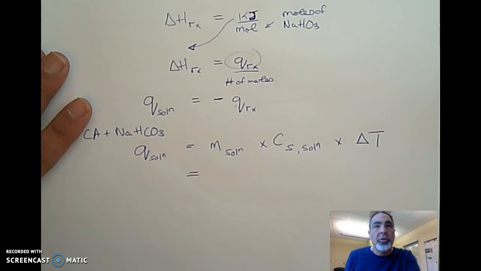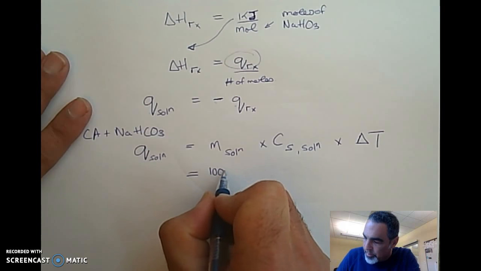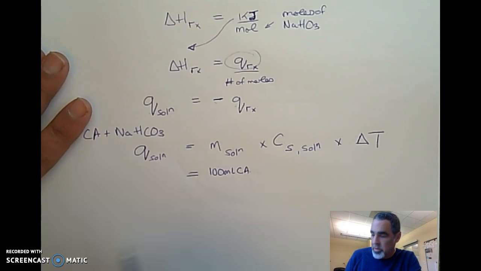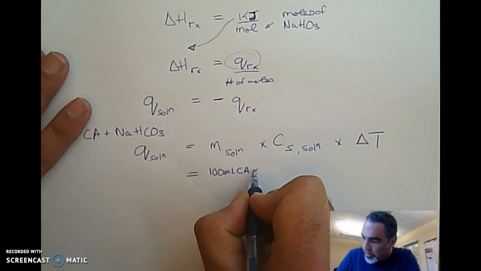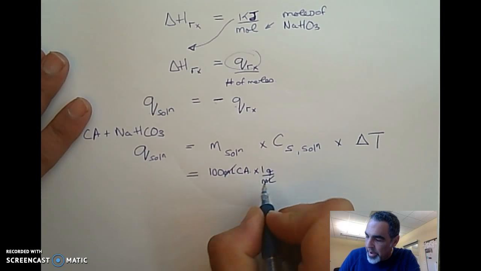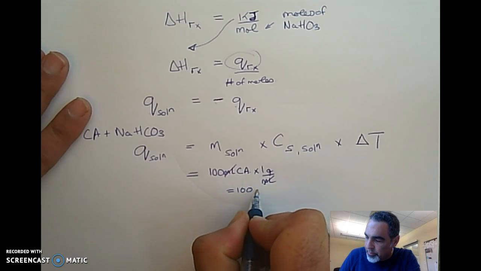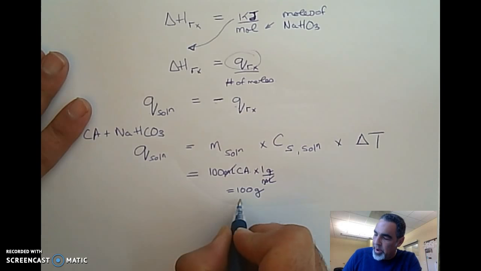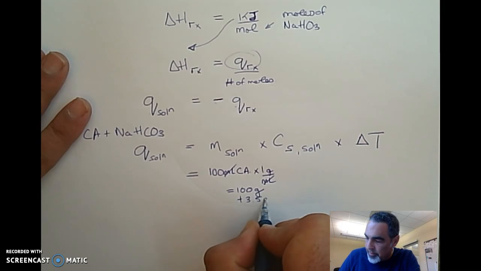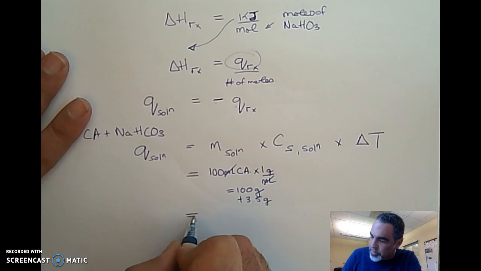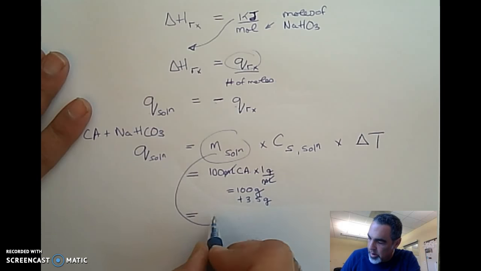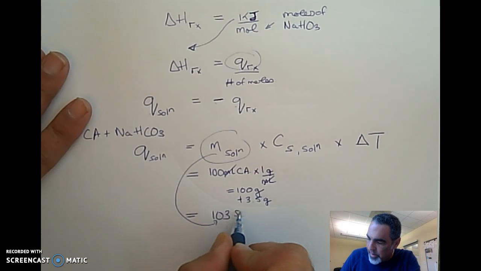The mass of your solution: you used 100 milliliters of citric acid. You can assume the density is 1 gram per mil, so that was 100 grams. But don't forget that you added sodium bicarbonate to it, and that was 3.5 grams. So your total mass of solution, write it down here, is 103.5 grams.